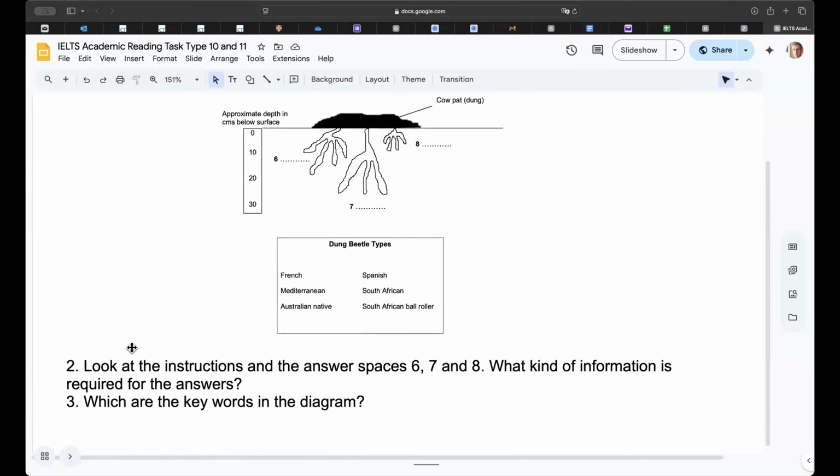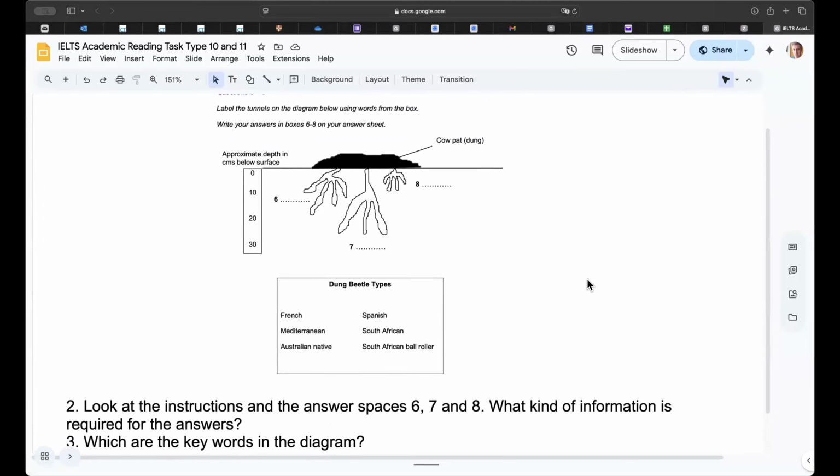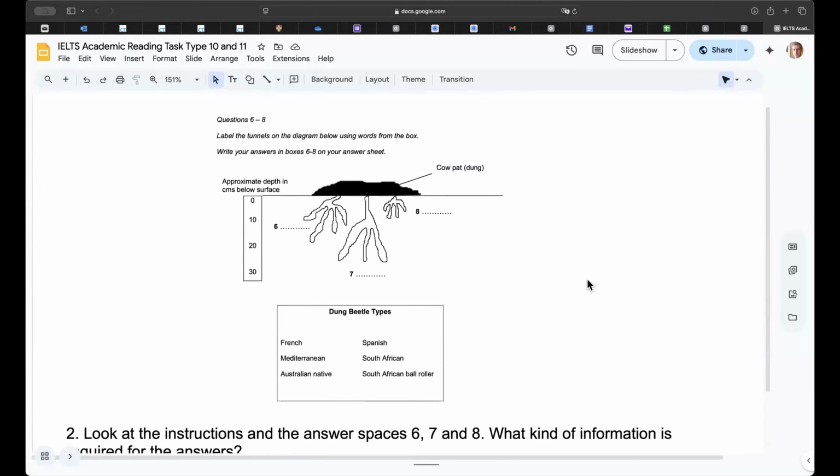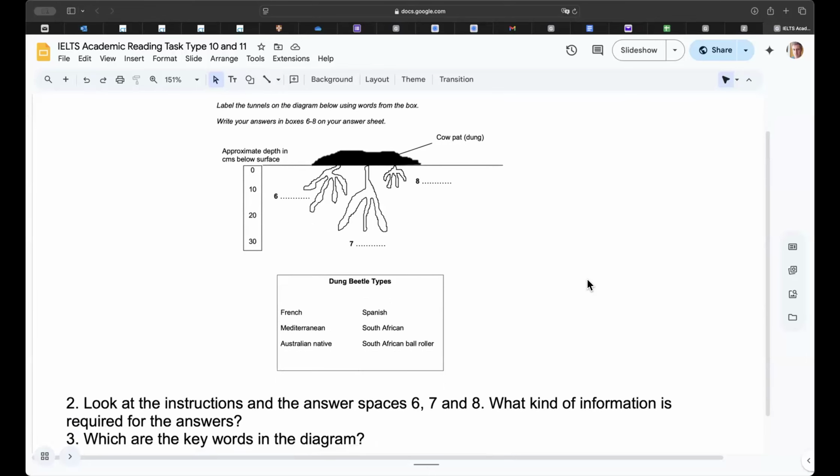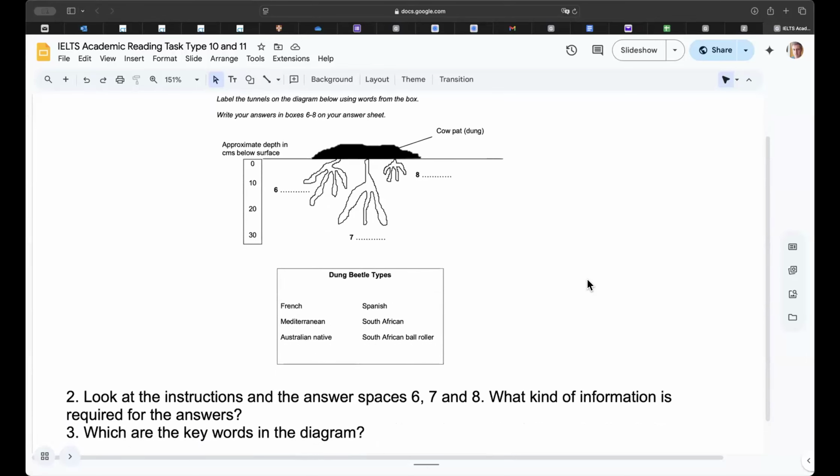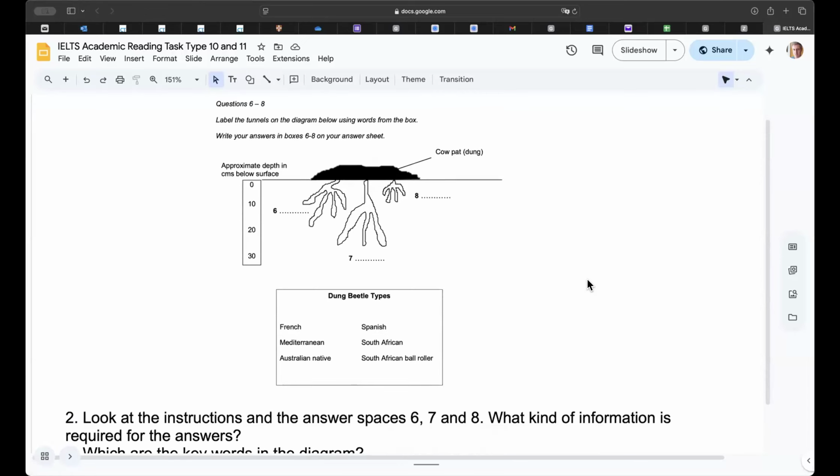But Andrew, I have a question. What does the box mean there? Like dung beetle types, like French, Spanish, Mediterranean. What is that for? Well, do you think there's just one type of dung beetle, or there are multiple types of dung beetles? Is there just the French dung beetle?